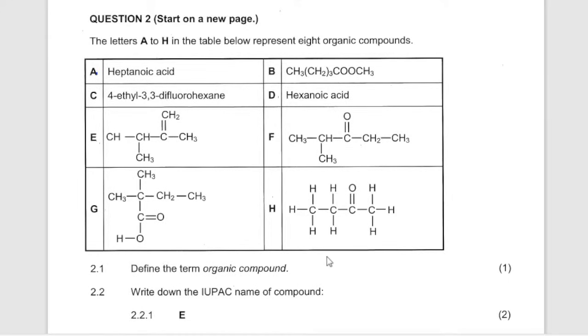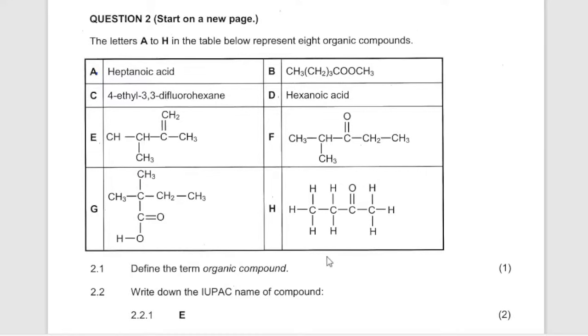Define the organic molecule. Basically, organic molecules are compounds with one or more carbon atoms that are covalently linked to one another, or with another element. So basically, an organic compound must have carbon atoms.